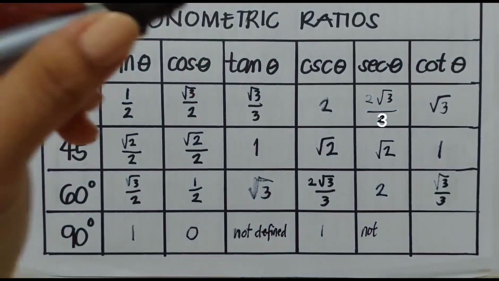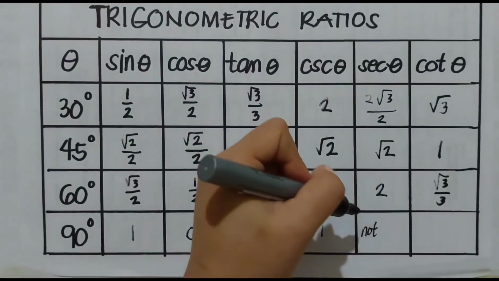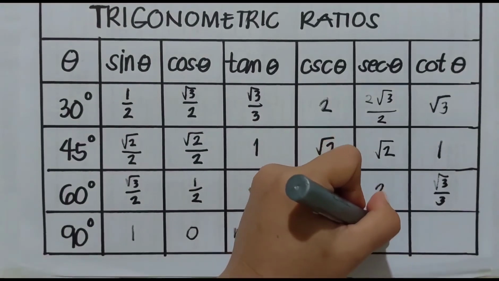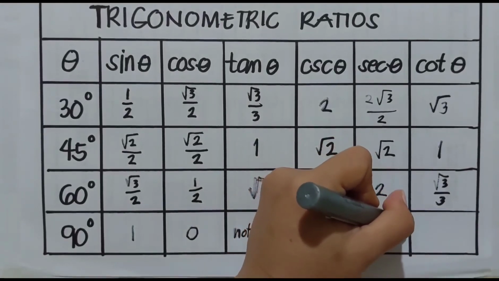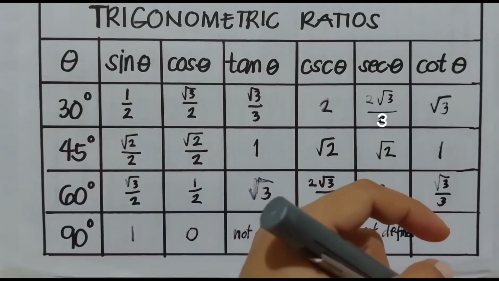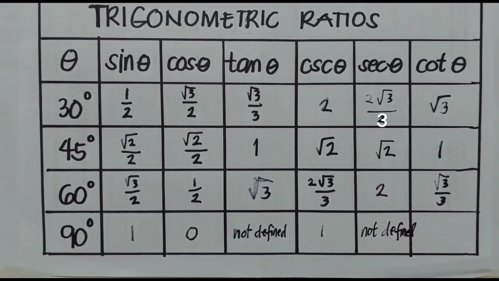If we look at it, it is not defined because the 0 is in the denominator. Any number divided by 0 is undefined.